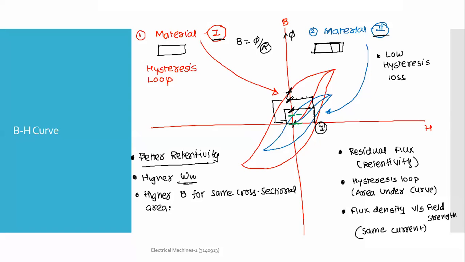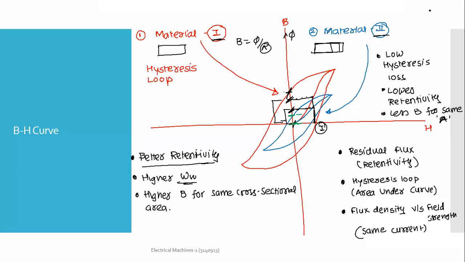Here it has a lower retentivity in comparison, and here it has a lower flux density for the same cross-sectional area. Now, the advantage of material 1 is that it has better retentivity and higher flux density. On the contrary, it has a higher hysteresis loss, whereas material 2 has lesser retentivity and lower flux density, but it has less hysteresis loss.